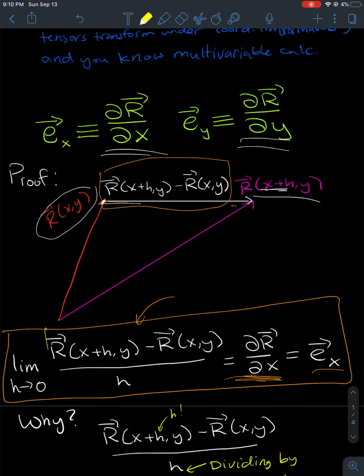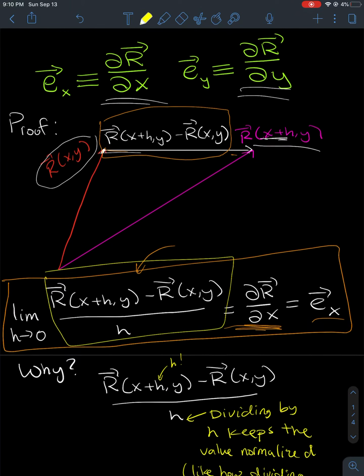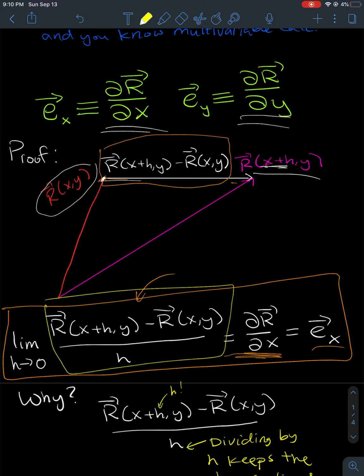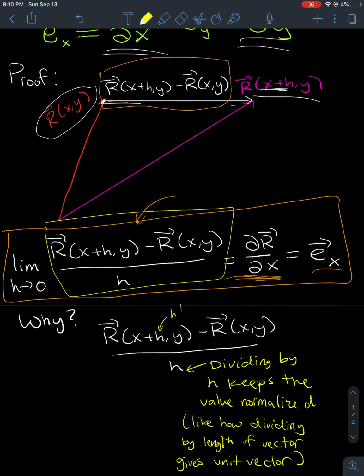So that's what it is, and this actually makes sense, because this is, of course, set up in the famous derivative way. We have f(x plus h, y) minus f(x, y) over h. That's obviously the definition of a partial derivative. Okay, so it makes sense mathematically, but how does this make sense intuitively?